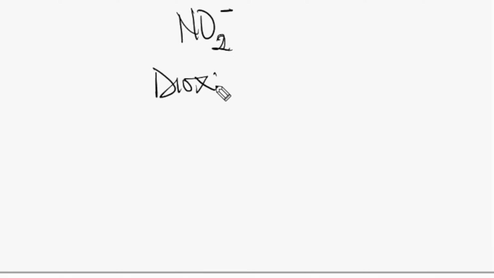So we have NO2. Actually, this is an ion. So guys, if we are to name this, already we have 2 atoms of this oxygen here, and that's dioxo.